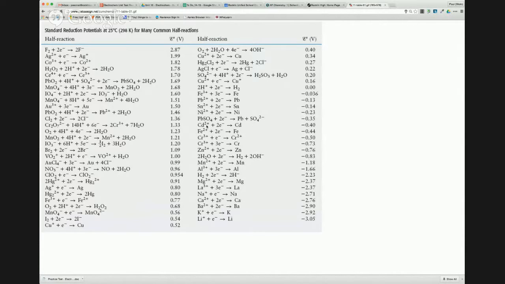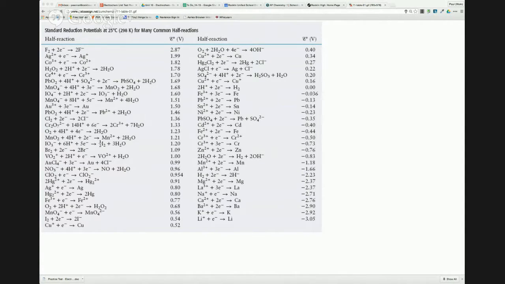All right. And if we find zinc, we see it a little bit lower. Zinc 2 plus 2 electrons gives you zinc. So what I would say from this is that since the cadmium is higher, that's the reduction that's actually happening. And the zinc 2 plus is lower, so that's the oxidation half reaction.